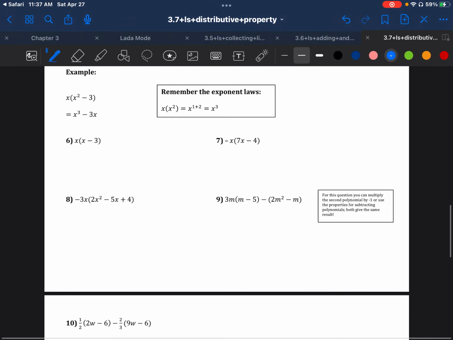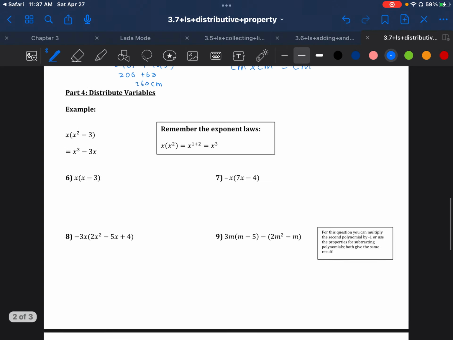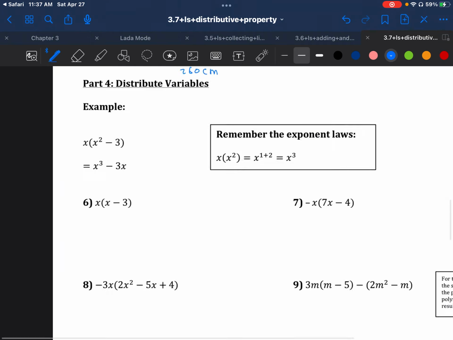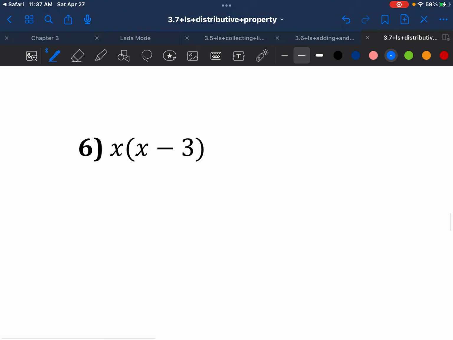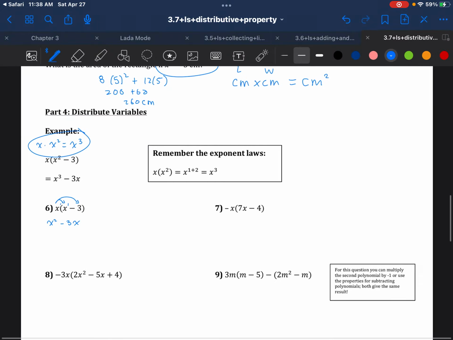Okay. Now let's go on to the next one. Distributive variables. Kind of similar to what we just did. Because this is x times x squared, it's going to equal x cubed. That's all we need to keep in mind. So x squared minus 3x, because this is a 1 and a 1.